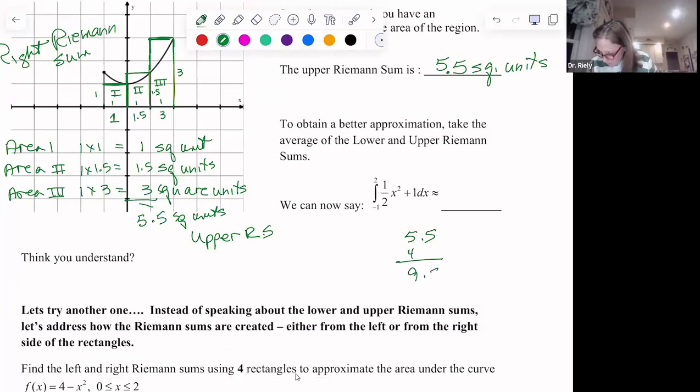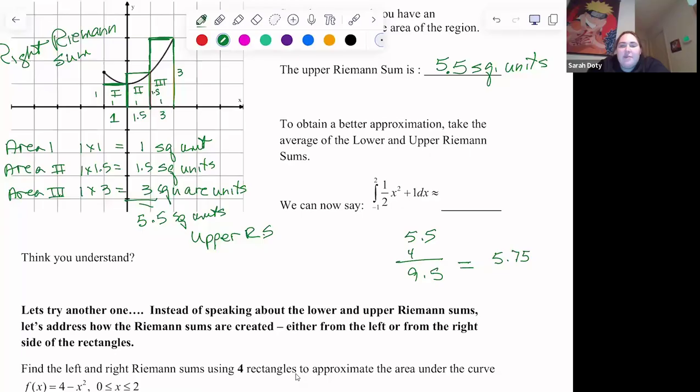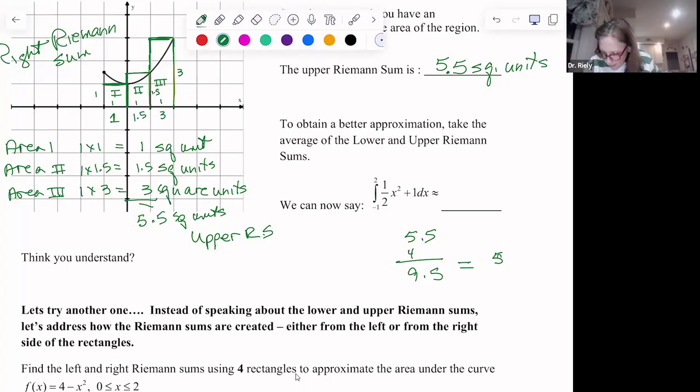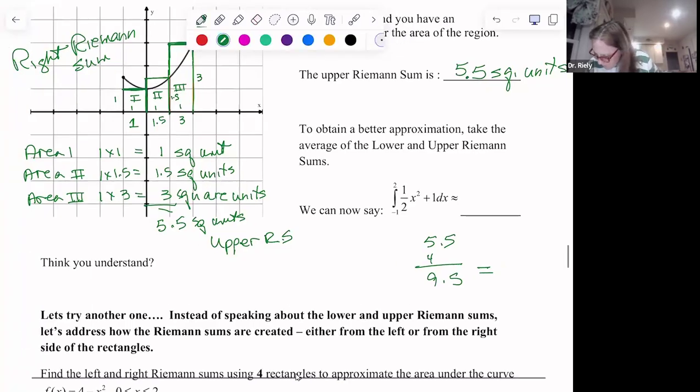So that's 9.5. So I'm going to get what, 5.75? Am I doing that correct? It's been a long day. 4.75. Thank you. Say that again. 4.75. 4.75, yep. Knew I had 7.5 in there. So this is 4.75.